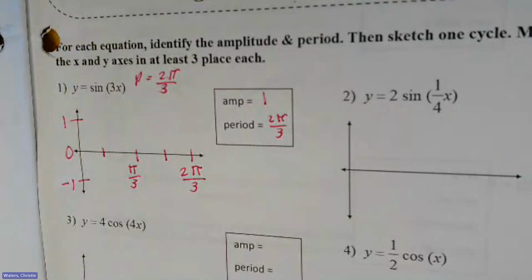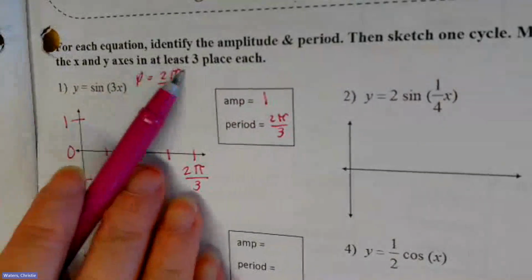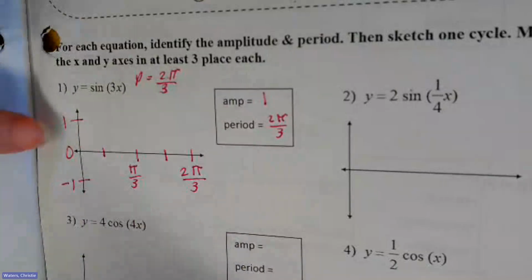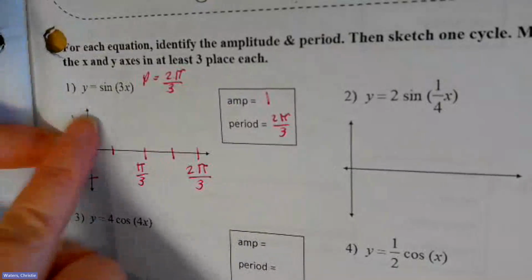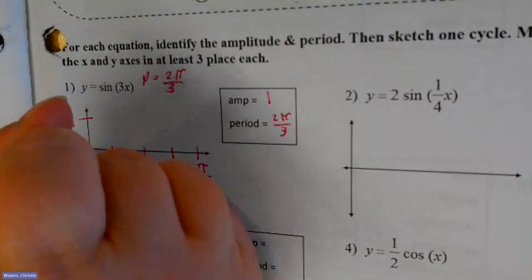The directions for this section say make sure to label the X and Y axis in at least 3 places each. So because 0 is at the origin, it counts for the X and the Y. So I've got my 3 labels. So now I'm ready to create my graph. I'm going to use the table that I'm looking at up above. So we start our sine graph at 0, 0.